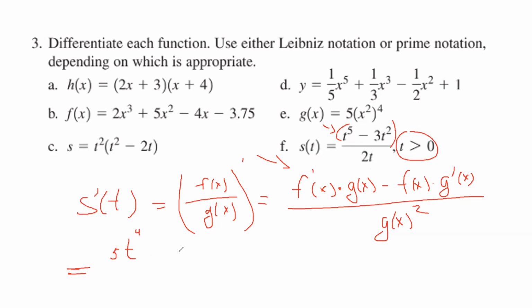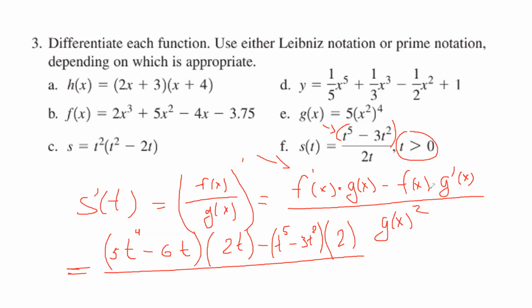So it's going to be 5 times t to the fourth power, subtract 6 times t. Make sense? Next one, times 2t. Subtract t to the fifth power, 3t squared, times 2, because the derivative of 2t is 2, divided by g of x squared. Okay, g of x is 2t, so it's going to be 4t squared. Make sense?